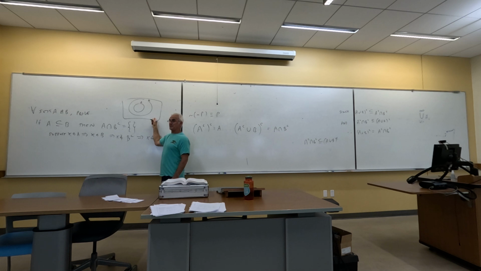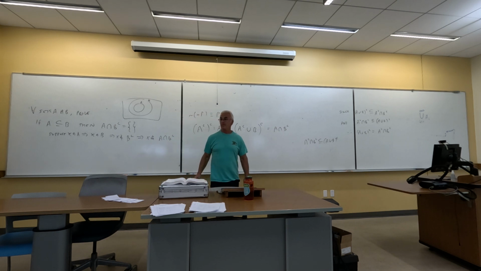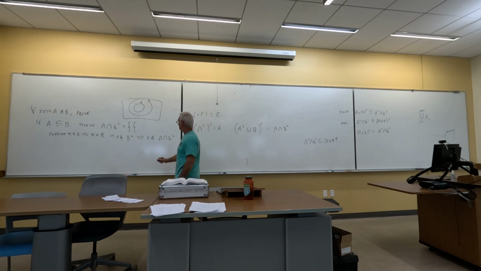Is there an intersection between A and B complement? No. So X is in A means X is not in B complement. Therefore, where does X live? Technically, you can say an empty set. In other words, the set is empty because there are no X's in it.